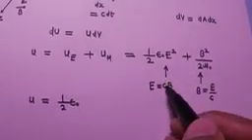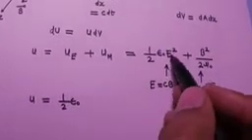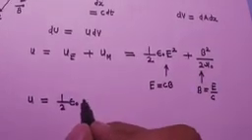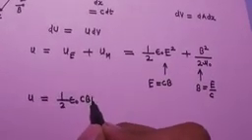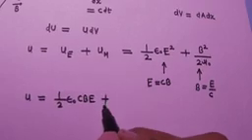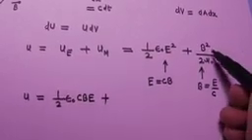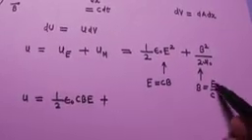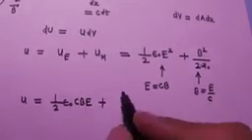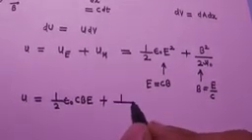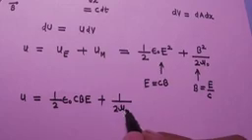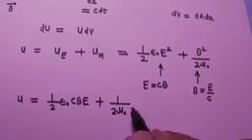We will put CB in place of E, so CB into E, plus in place of B we will put E by C, so this becomes 1 upon 2 mu naught C EB.